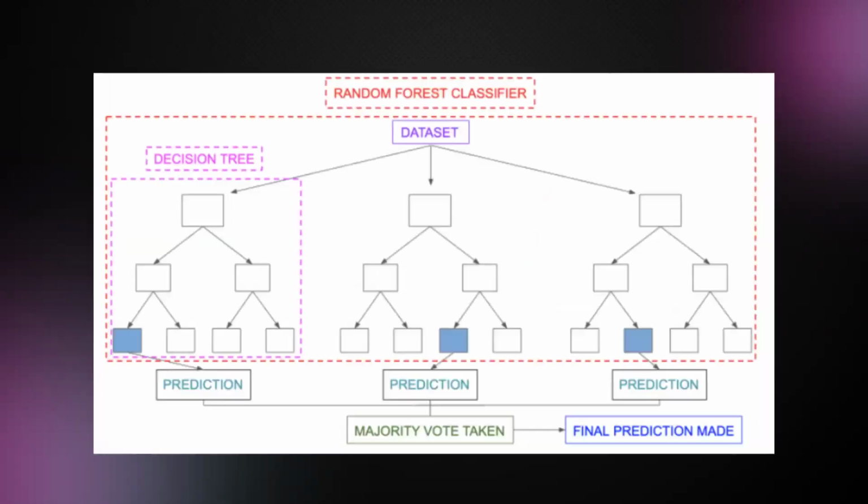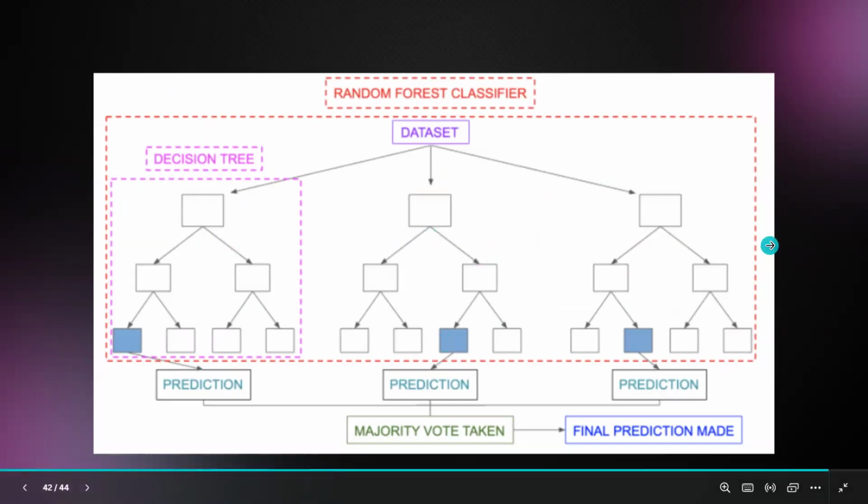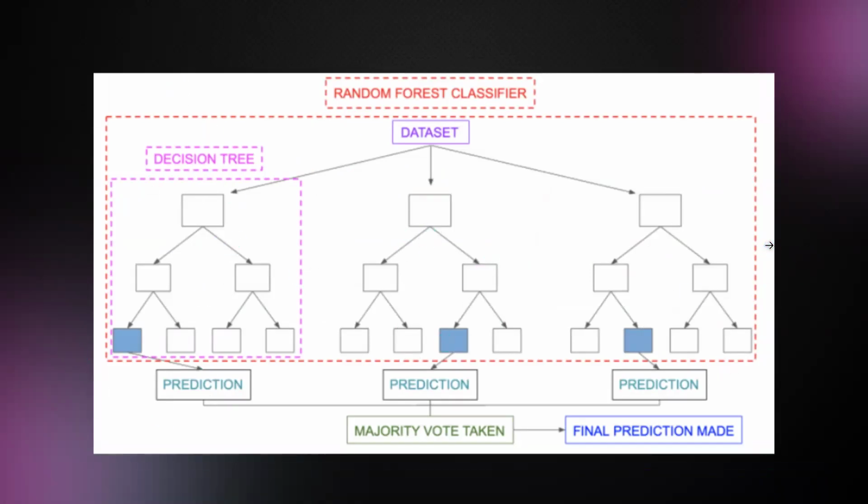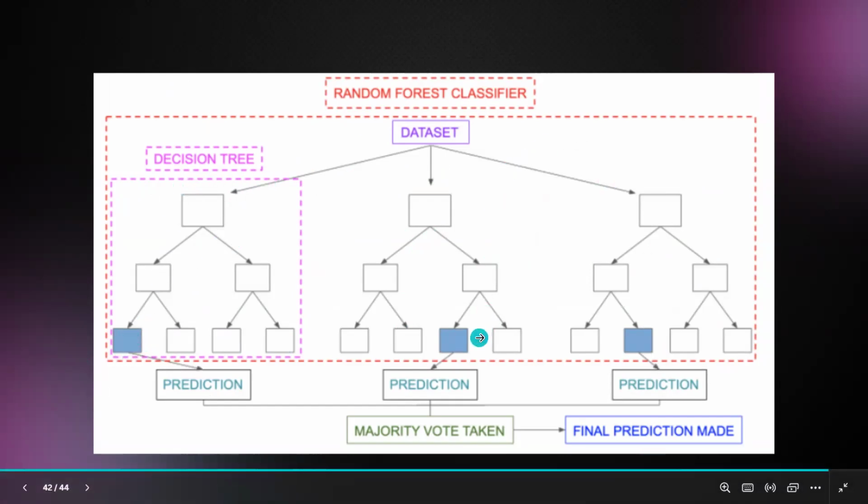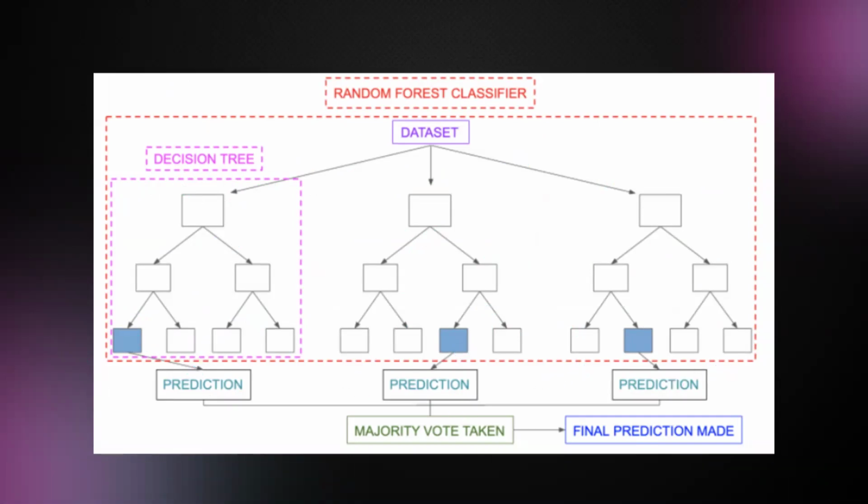And this is how a random forest classifier would look. We have the entire data set, split into different decision trees: decision tree number 1, 2, 3, and there can be multiple. Each gives a prediction, all the predictions are averaged and a majority vote is taken. Based on that majority vote, the final prediction is made.